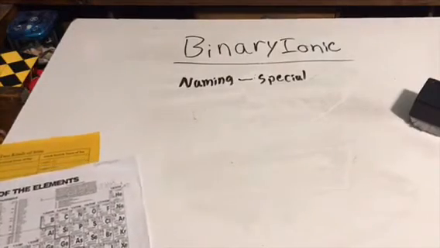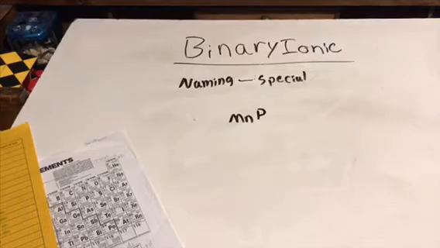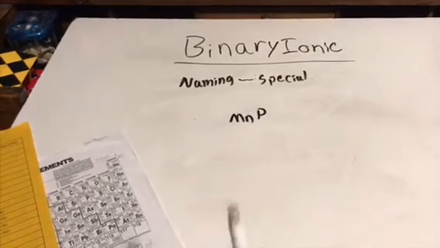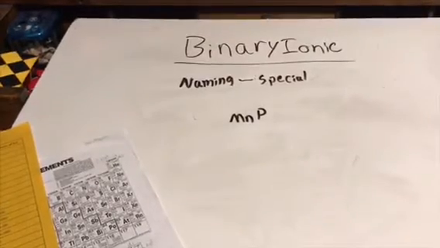Now I was going to start with a quick example. Alright, here is the next example. I'm going to give you some time to figure this one out on your own. It's Mn, which is manganese, and phosphorus. Alright, if you haven't figured it out by now, you can pause the video and take some time to figure it out.